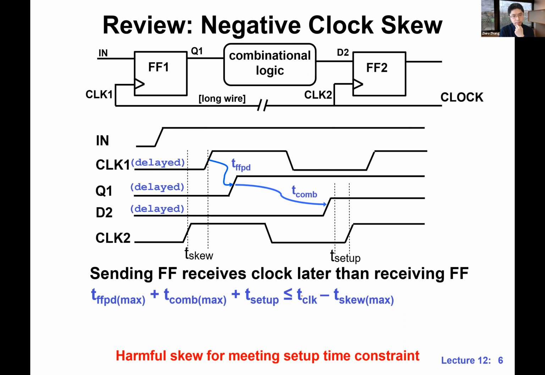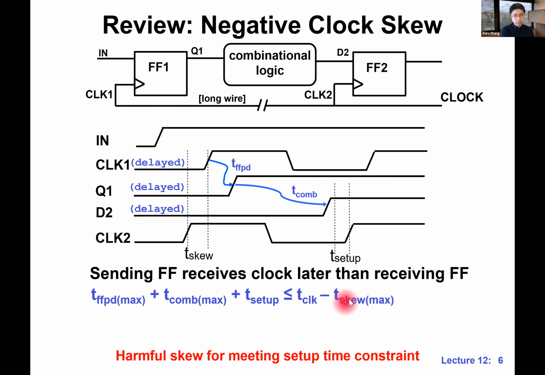This is related to the last question. In my previous slide, I asked you whether you prefer a negative skew or positive skew. The answer is we prefer a positive skew. But let's look at negative skew first. It's harmful for meeting the setup time constraint. Why is that? If you look at this inequality, I'm not going to repeat how we end up with it.